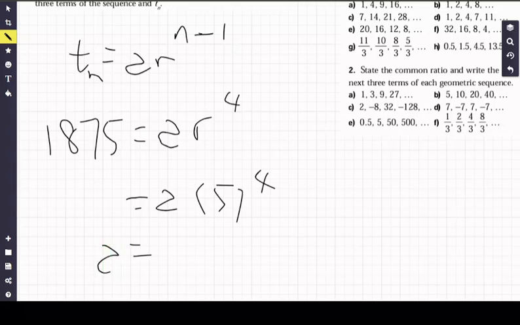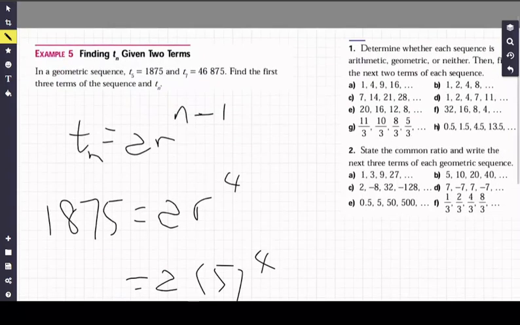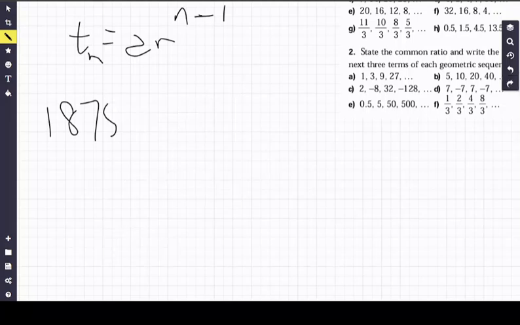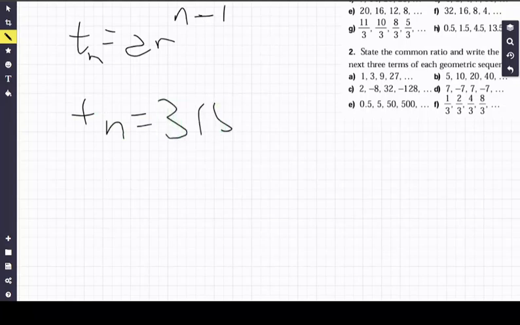So A equals 3. And now it tells us we have to find the first 3 terms, and we found Tn. So let's write it. Tn is equal to A, which is 3, times R, which is 5, to the n minus 1. Alright? And we are done. Oh yeah, the first 3 terms.